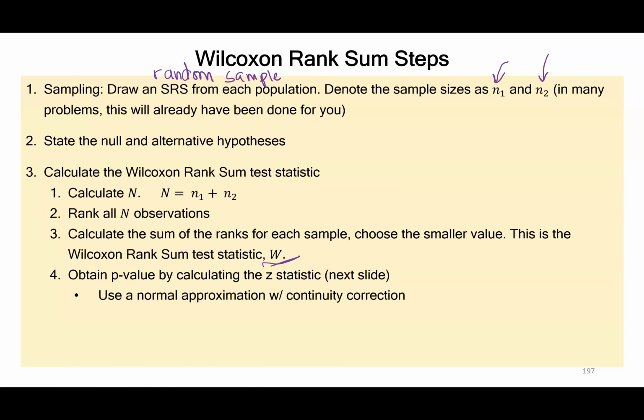So then once we get that, we can use a z-table to calculate a p-value. Basically, we will calculate an approximate z-test statistic. There will be an equation that we plug our values into. Then we'll have a z-test statistic, use that z-table, get a p-value.